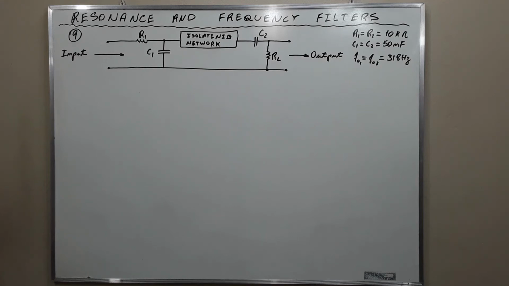Classify this filtering network in which R1 is equal to R2 equal to 10 kilo ohms and C1 is equal to C2 equal to 50 nanofarad.